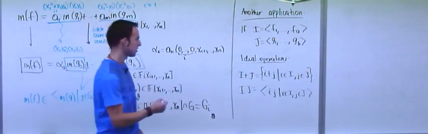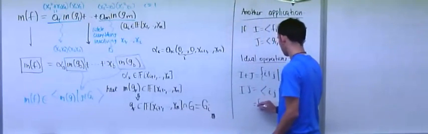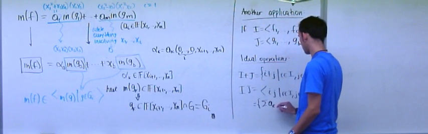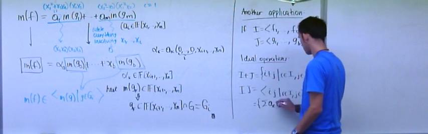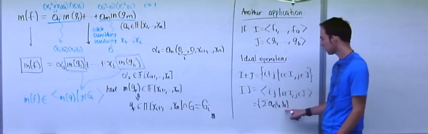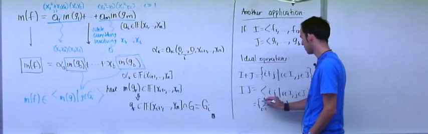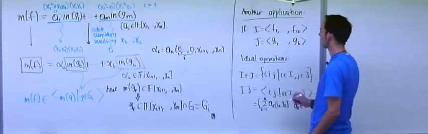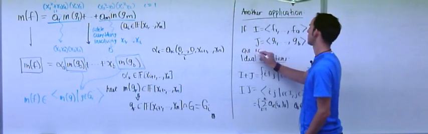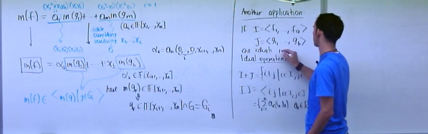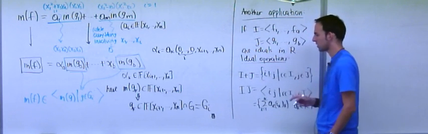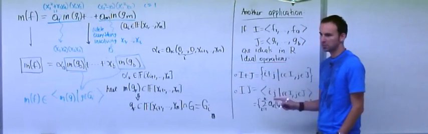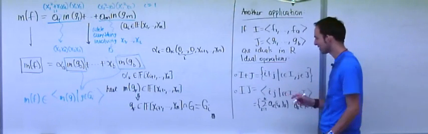So you can think of this as the set of linear combinations a_k times a product of something in I and something in J, for k equals 1 to n, let's say, where the a_k are in your ring. Okay? So these guys are ideals in a ring. So that's another ideal operation, and by definition, it's clear that this is an ideal because I said it's the ideal generated by these guys, right? So there isn't a lot to prove there.